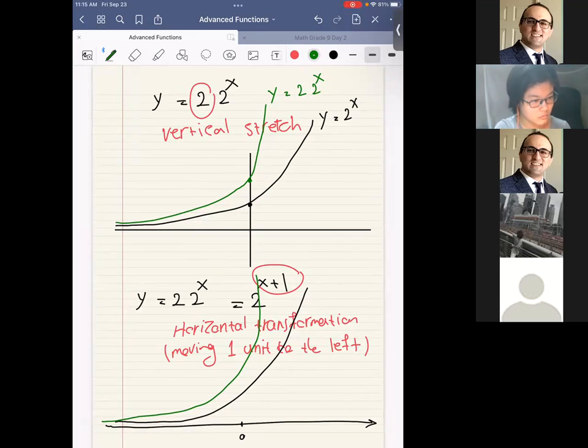If you subtract or add something negative, you move it down. Okay. So I expect you to know this type of transformations, but if you have any problem or questions, just let me know. There are lots of examples and pictures in the textbook. I want you to look at them. Okay.